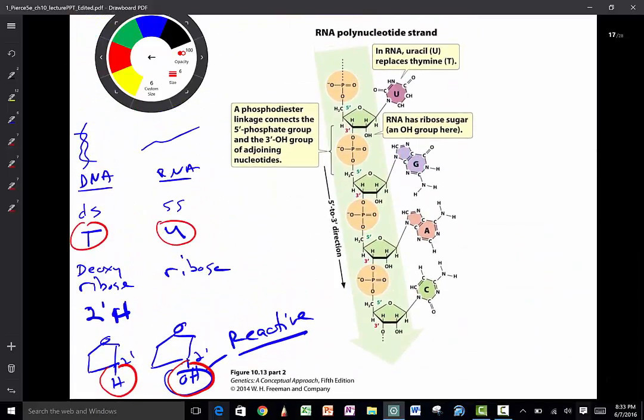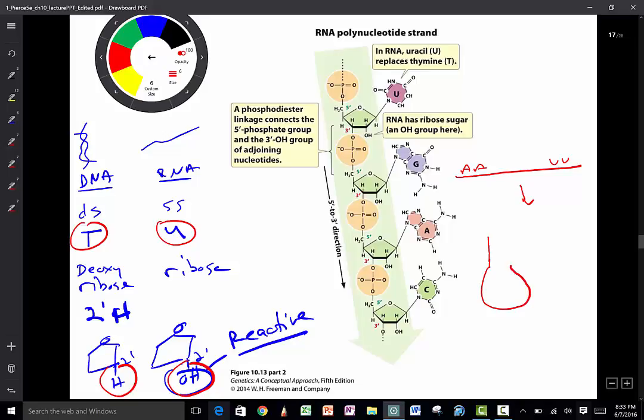The other thing that is important with RNA, because it's single-stranded, is it can fold up. You could have maybe some A's down here and some U's down here, and they can find each other and then just kind of loop out, and these A's and U's can pair up. And this is secondary structure. So RNAs, because they're single-stranded, can fold up into complex secondary structure.